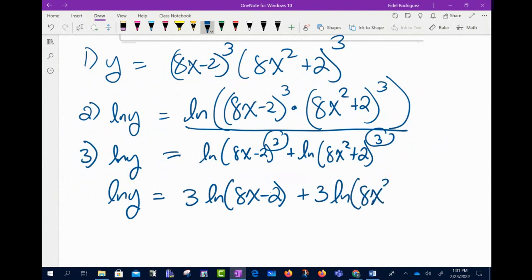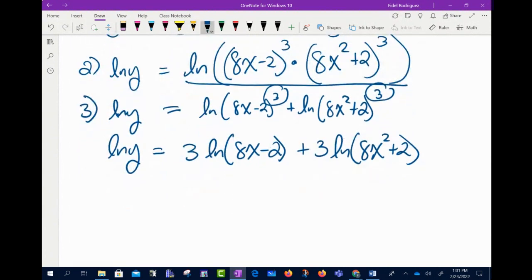Once I get to this step, in terms of expanding my logarithms, I'm done. I can't expand it anymore. Just a quick reminder, y'all, I can't separate what's inside the logarithm. Like, I can't separate the 8x minus 2. I can only separate things that are being either multiplied or divided. I can't separate individual sums and differences inside my logarithm, okay?